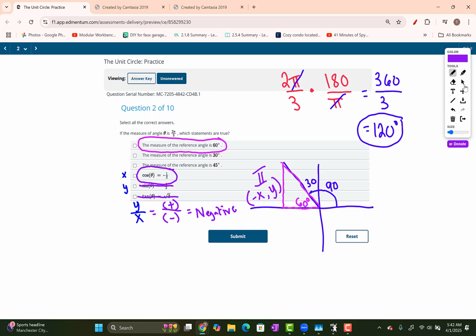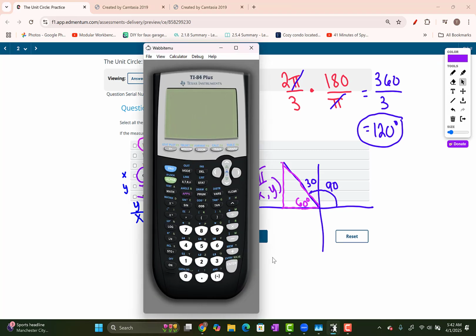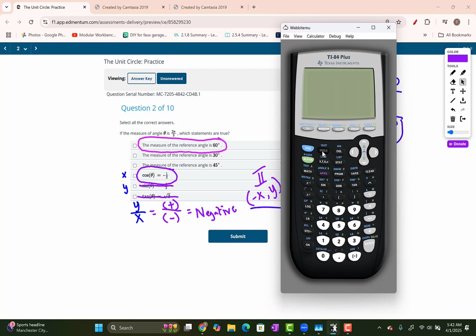So verify this with a calculator. Make sure your calculator is in degree mode, like mine is. And let's just take the cosine of that original angle, 120, and we get negative 1/2. We can also, if we didn't convert that to degrees and did this in radians, convert it back to radian mode.